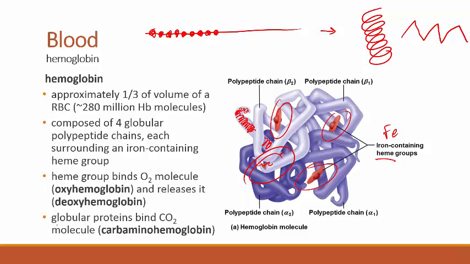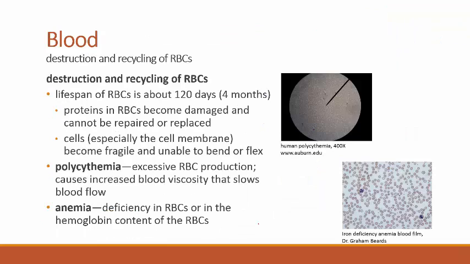And then the protein part, that's what binds the CO2 molecules. So we pick up CO2 in our tissues, and we release CO2 in the lungs. When we pick up CO2, it's referred to as carbaminohemoglobin. That's hemoglobin with carbon dioxide bound to the protein portion.